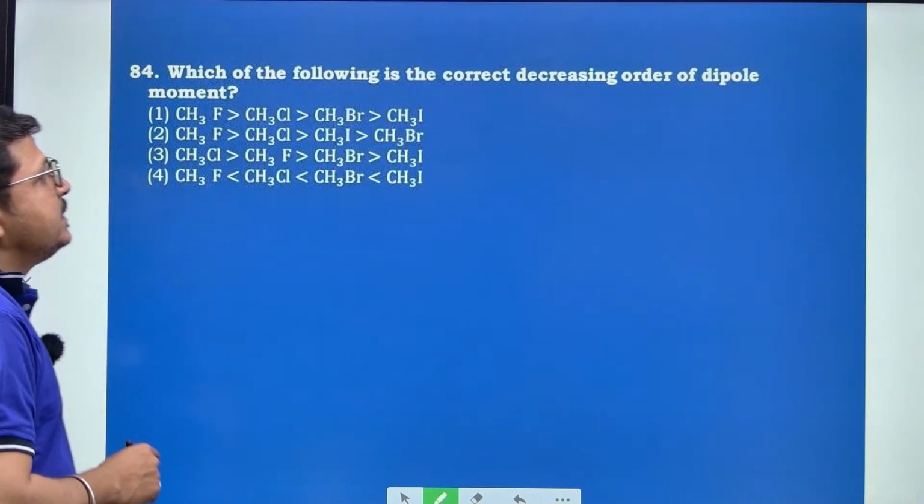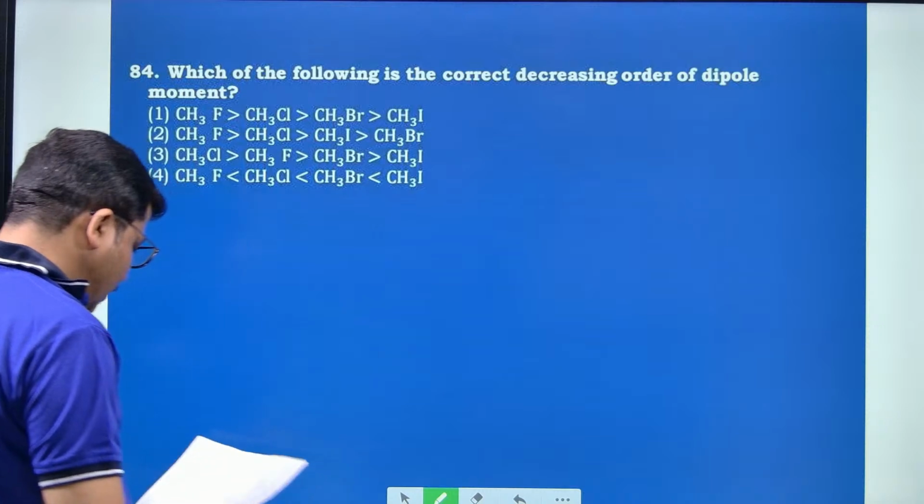Which of the following is the correct decreasing order of the dipole moment?